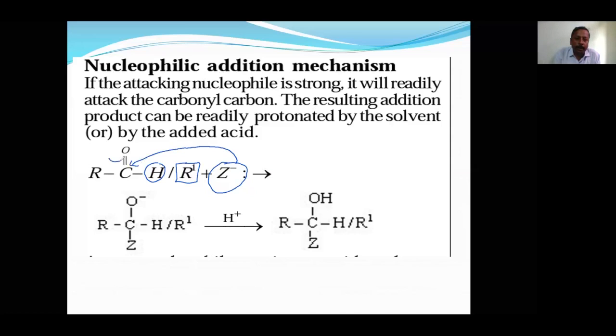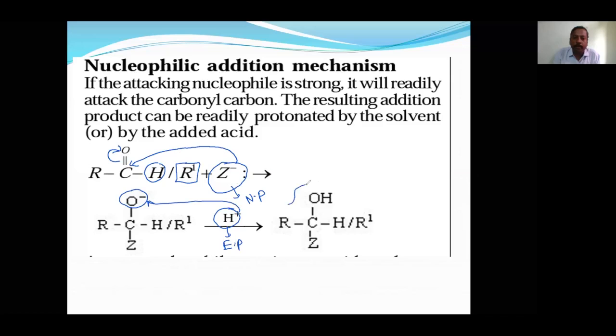So once it attacks on the carbon, this pi bond electron will go here. So this will be negative and Z is attached here. Then electrophile is what? H plus. H plus is what? Electrophile. Z negative is what? Nucleophile. So electrophile, because of this positive charge, it will go and attach here itself.